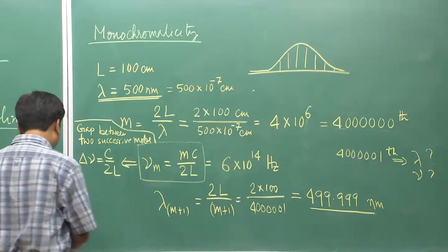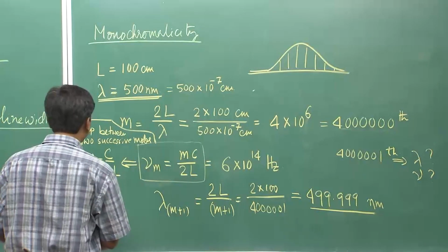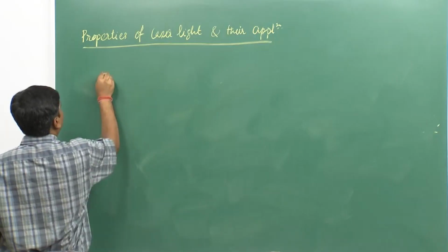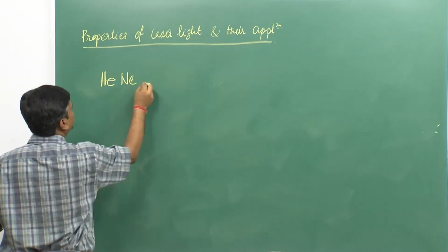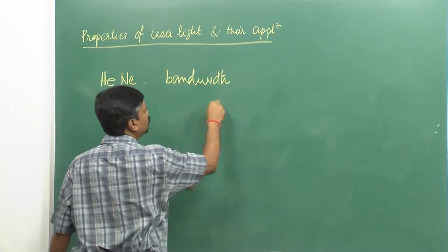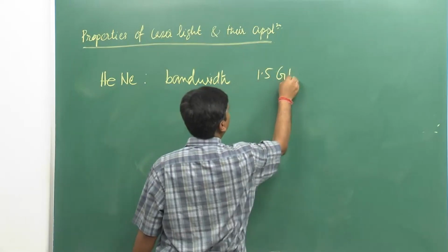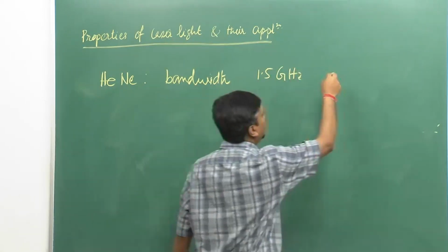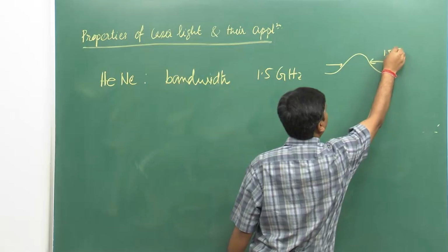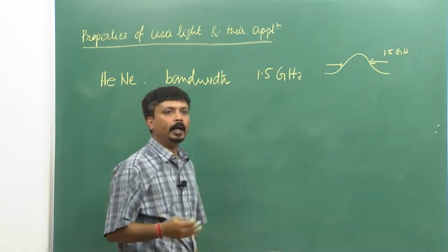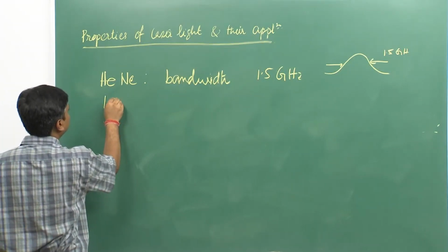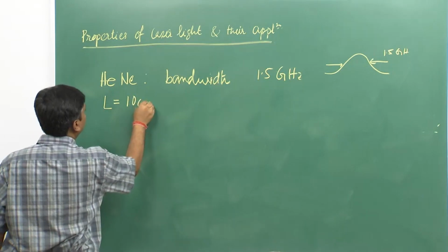So if I take a small example, the case of Heine laser. For Heine laser, bandwidth is 1.5 gigahertz. Okay. So this is the line width of this whole envelope. Giga means 10 power 9. Approximately this Heine has a cavity size of approximately 10 centimeter.